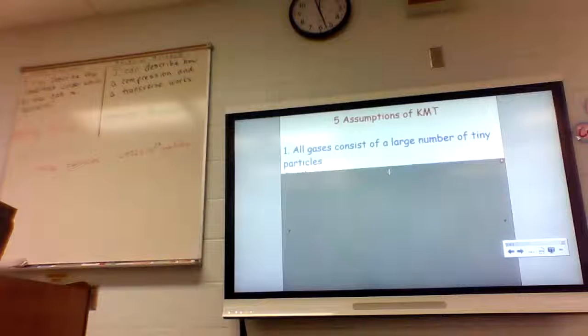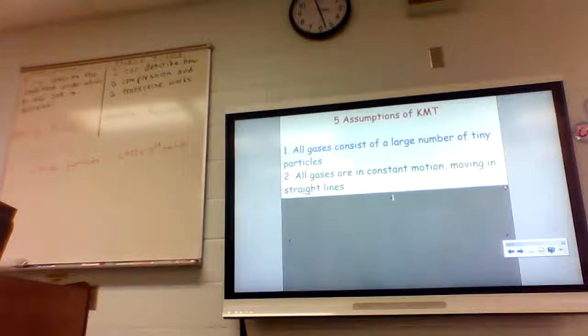We're not going to look at gas laws that have 4 particles. Does that make sense? That's an example of how we're going to have a large number of particles, like 1 mole or 2 moles.